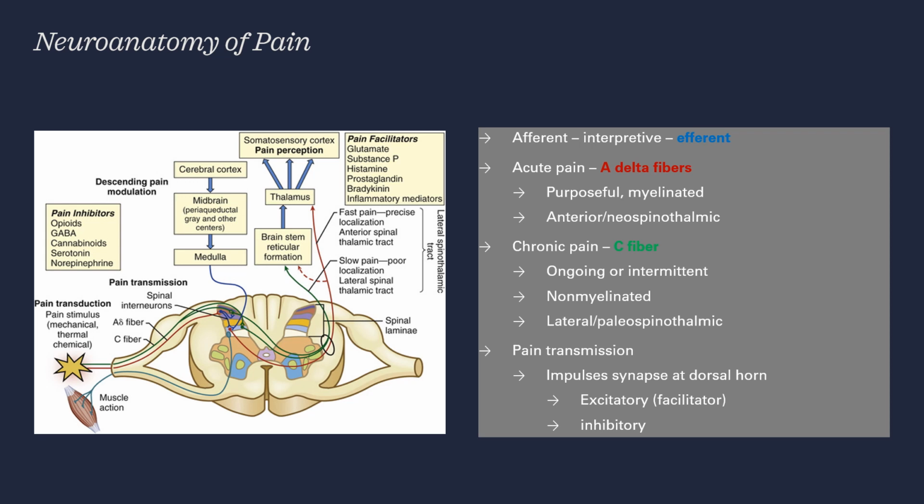These fibers are most numerous and unmyelinated, which means they transmit the nerve impulses slowly. These are most commonly found in muscles, tendons, organs, and in the skin, and transmit continuous or intermittent stimuli.